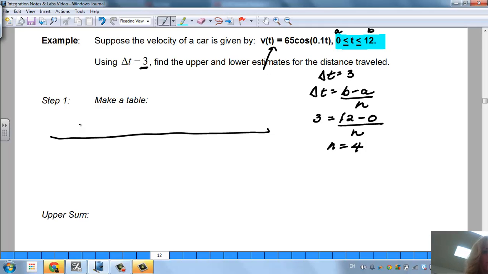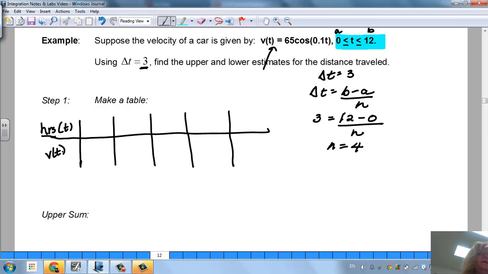This is hours, and this is going to be our velocity, like miles per hour. We're going to start at 0 and count by 3, so it's going to be 3, 6, 9, 12.